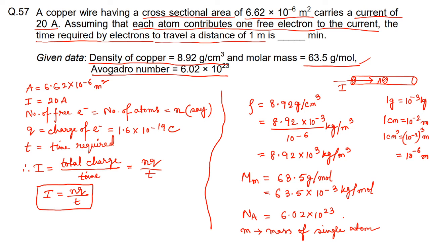So we can write that 1 mole contains Na number of atoms, right? And the mass of that is 63.5 into 10 to the power minus 3 kg, right?